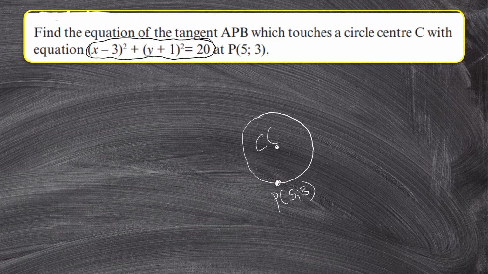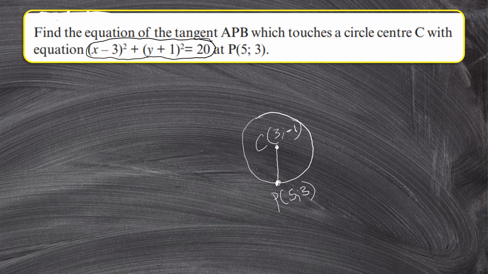Okay, we can go and write our center there. Our a and b are going to be 3. Remember, when it's negative you take it as positive. When it's plus 1, you take it as minus 1. All right, so our center is (3; minus 1). We can also deduce the radius.